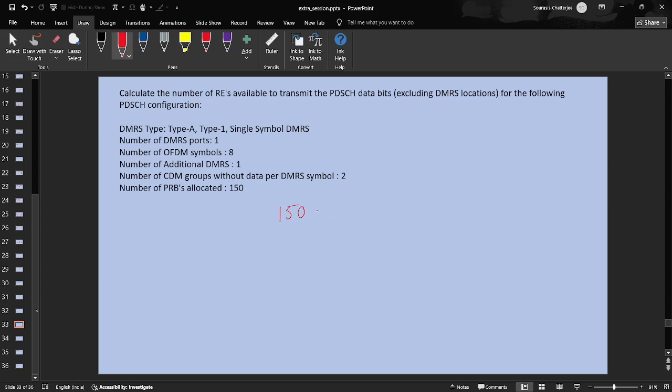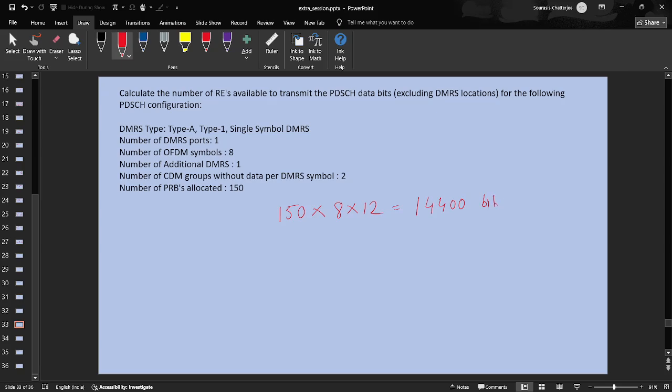So 150 times 8 into 12, and that means 144, right?